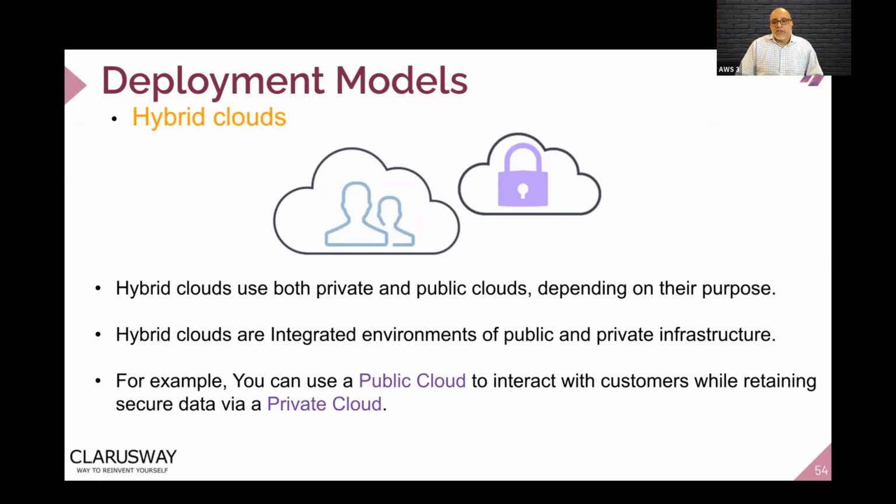And the things you have to think about in hybrid models are, first of all, performance, right? Because sometimes you've got some information in the public cloud and some in the private, and there has to be traffic and movement of information from one to the other. And so the connection between your private data center and AWS is critical.